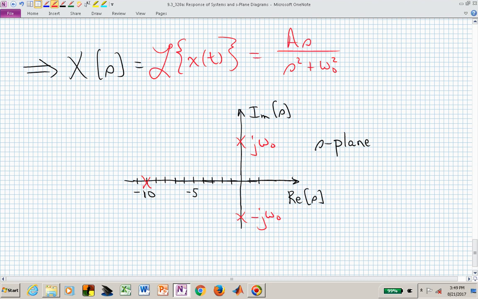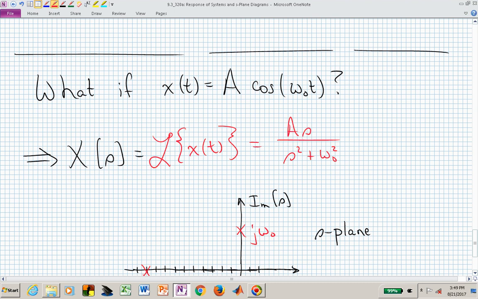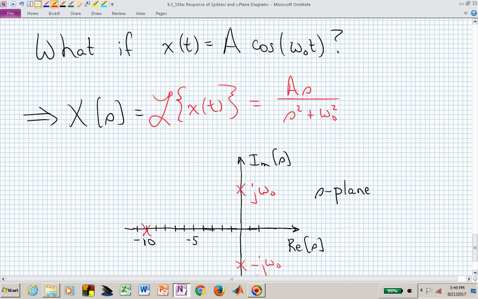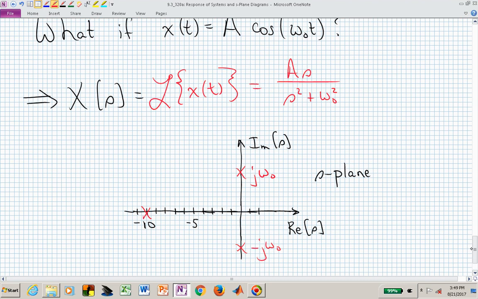So we will see that the output response little y of t, when a linear time invariant system is excited by a signal that's a sinusoid, in this case a cosine, we will see that system actually shaking at the input frequency of excitation, which is omega naught.